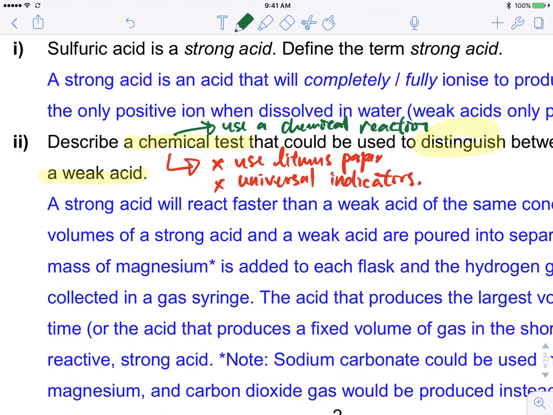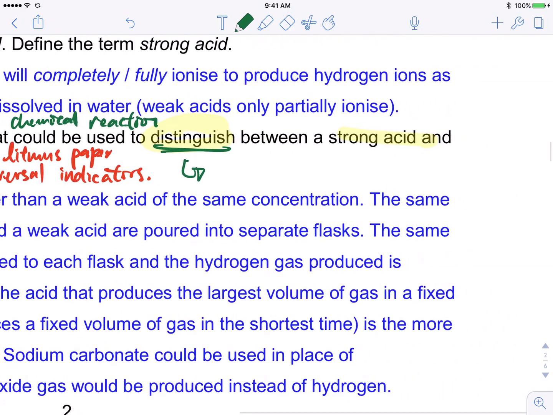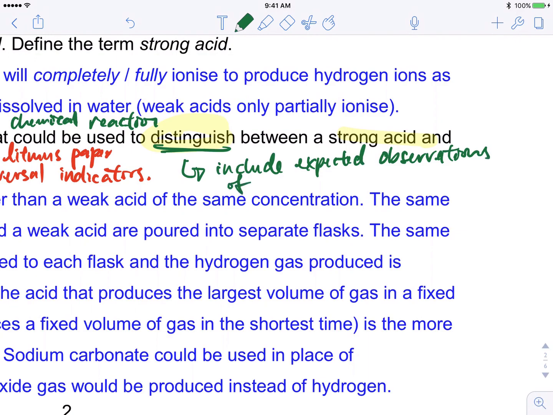So you must react it with something, and you must include expected observations in your test. Since it's a test that asks you to distinguish, you must include expected observations of strong versus weak acids.